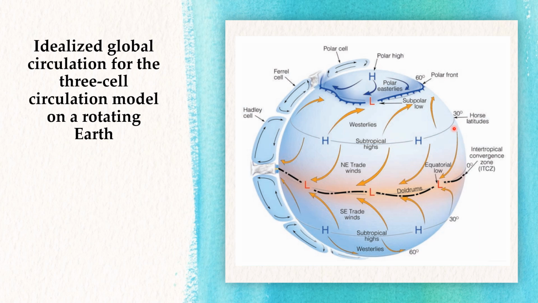And in this latitude, this is where the subsidence of the Hadley cell happens, because if you remember, the warm air rises, and up until this horse latitude, or this 30 degrees latitude, it subsides again.